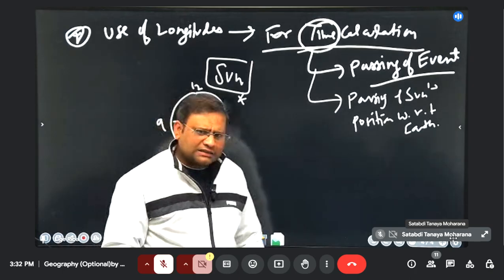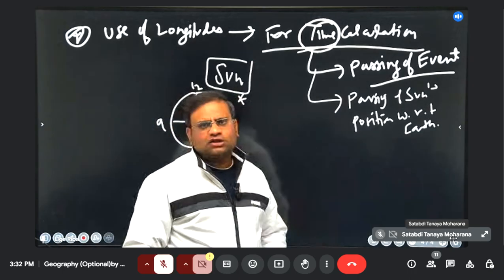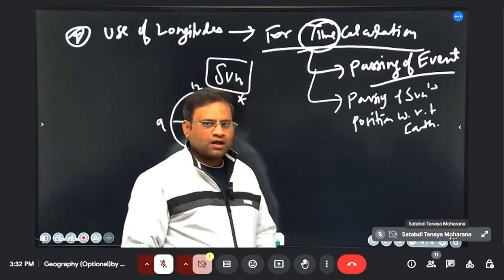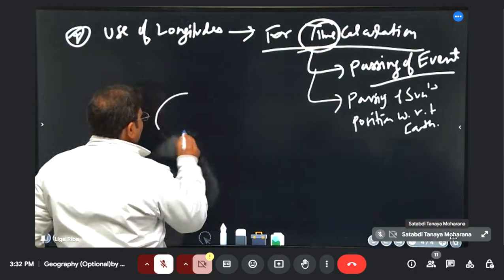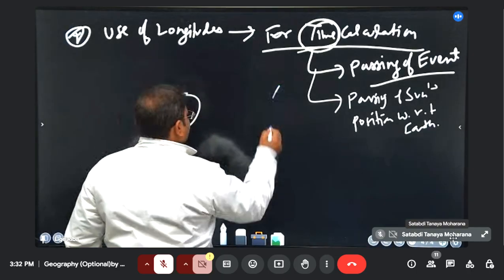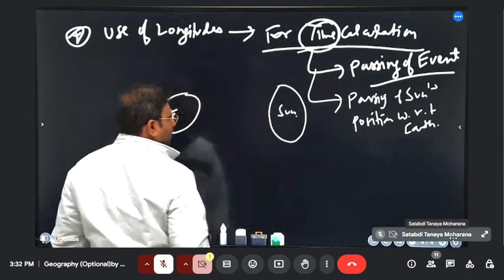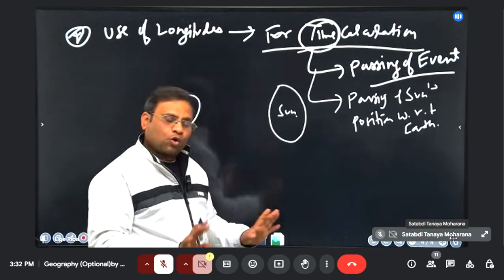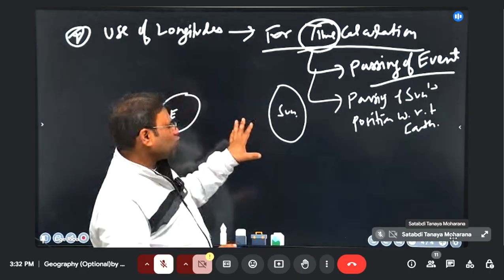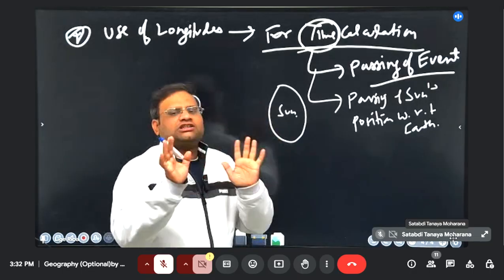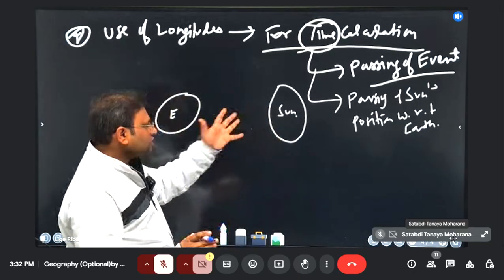Is the sun actually changing its position in the universe? The answer is no. This is earth. The sun is fixed towards one side of earth. Although the sun is also changing its position in the universe or galaxy, with respect to earth it is by and large a fixed frame. So the sun is not changing its position.